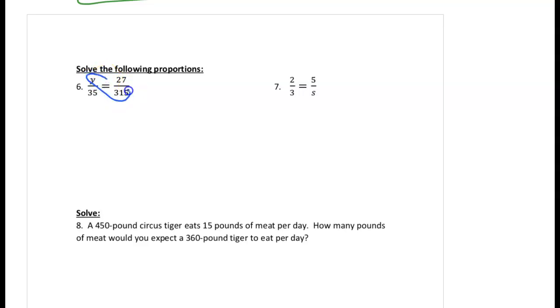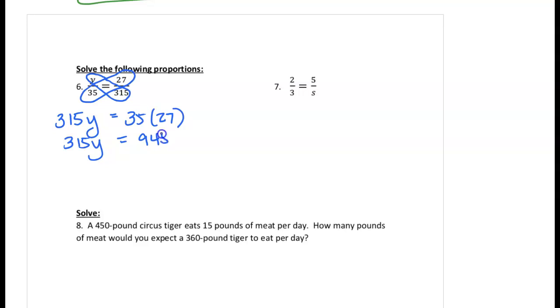So I'm going to multiply y times 315 and write it as 315y. The other cross product would be 35 times 27. 315y, and on the right we'll simplify and get 945.